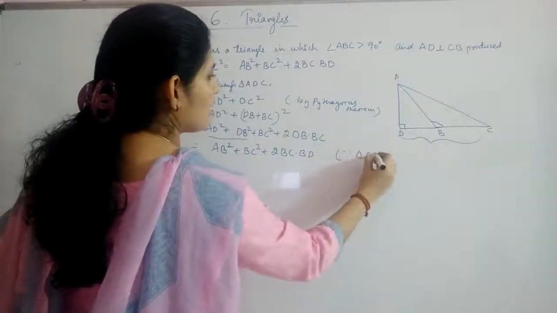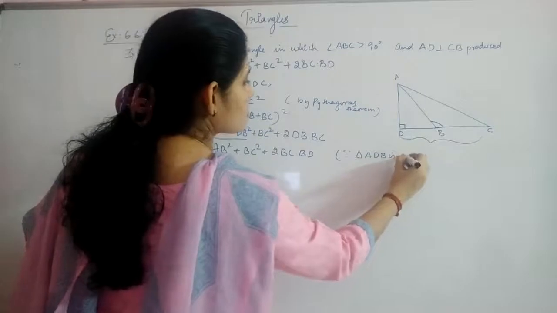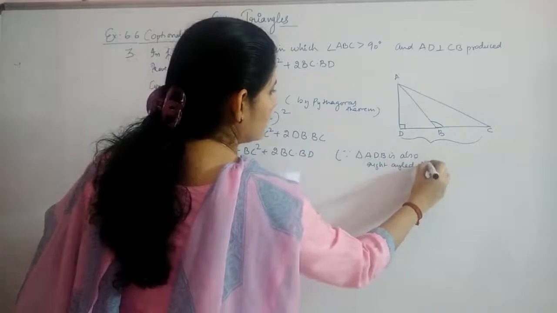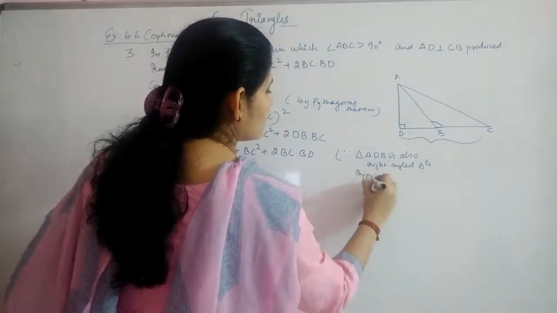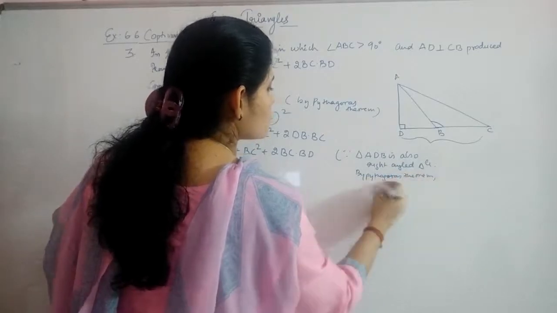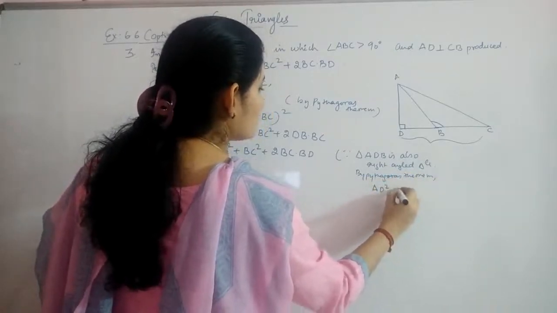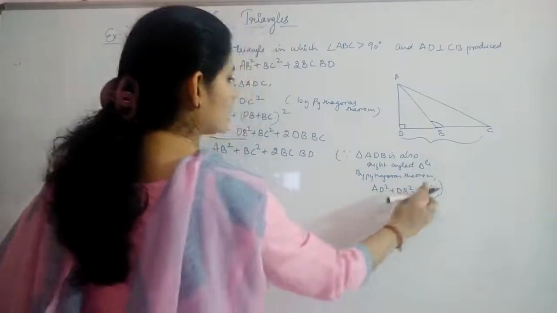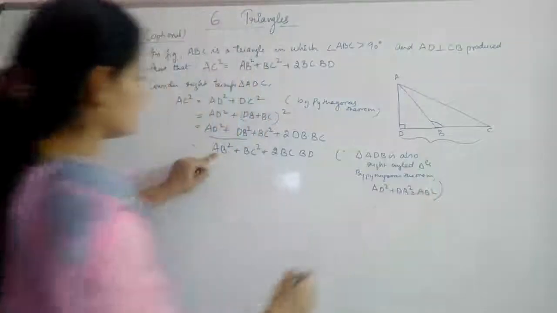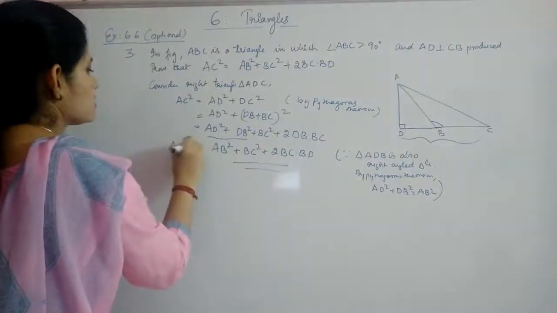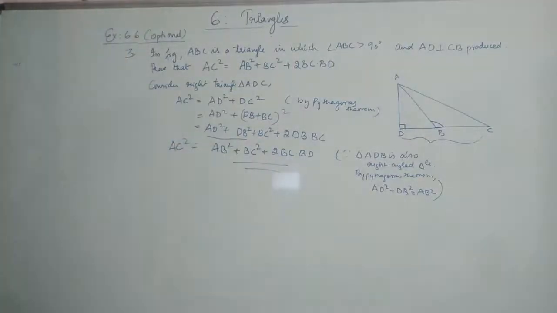Since triangle ADB is also a right angled triangle, and by Pythagoras theorem you can apply it for that triangle also, which will give you AD square plus DB square is equal to AB square. So that is the thing which we have applied here. So you got AC square is equal to AB square plus BC square plus 2BC into BD.